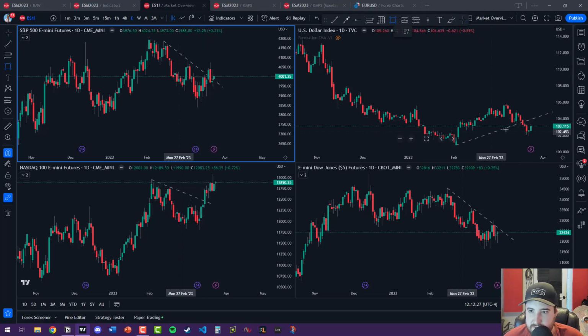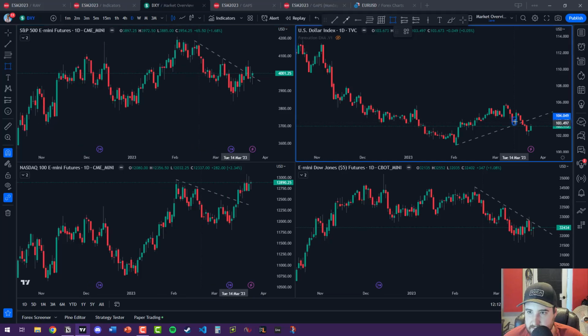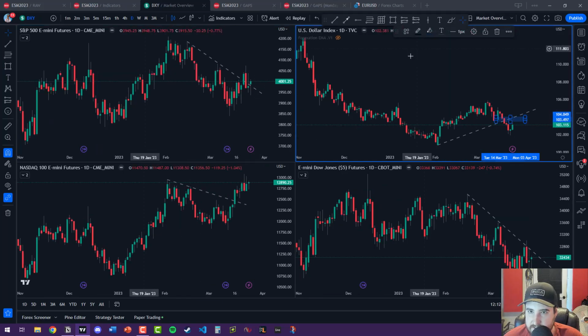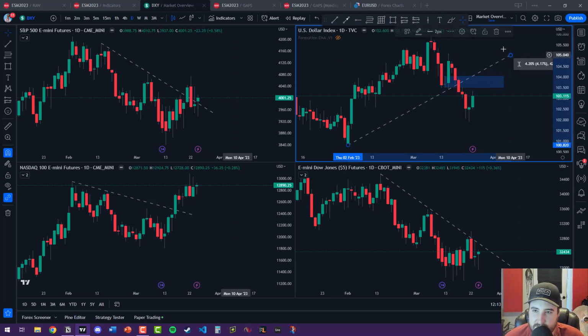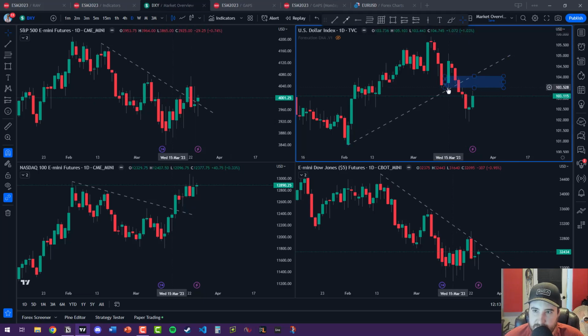So let's put this out so we know that area. People might be looking for a retest of this trend line, but that trend line's way up here. I don't think we're going to hit that trend line again. I think this last down candle is not even a breaker block, it's a mitigation block.